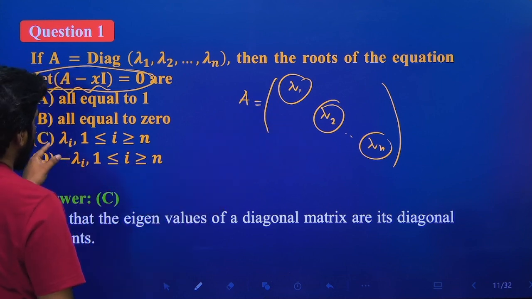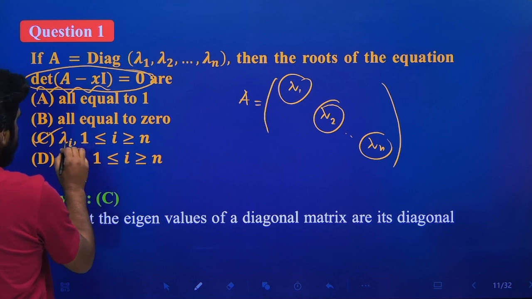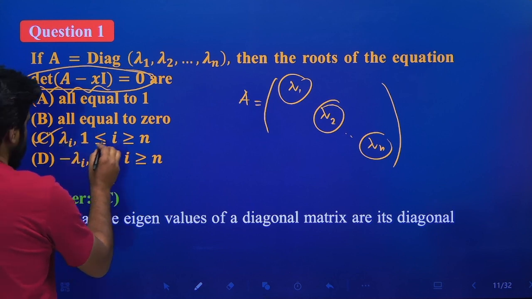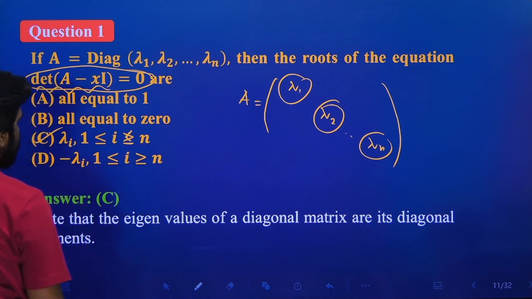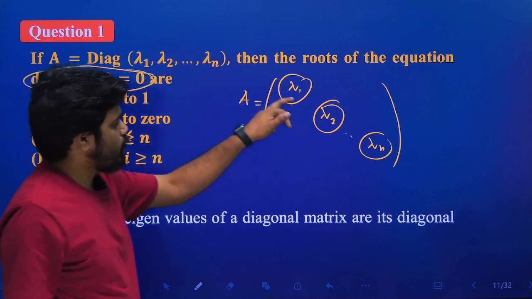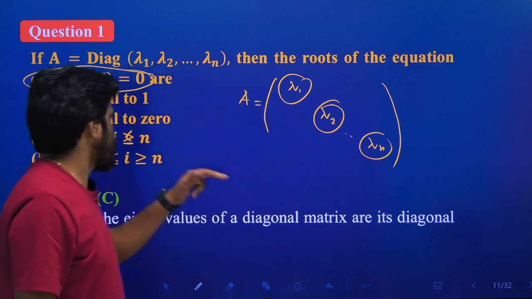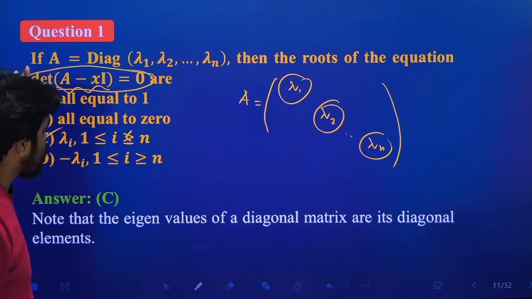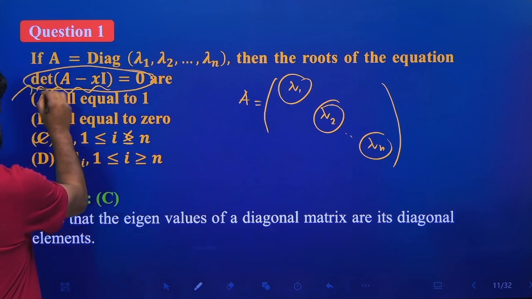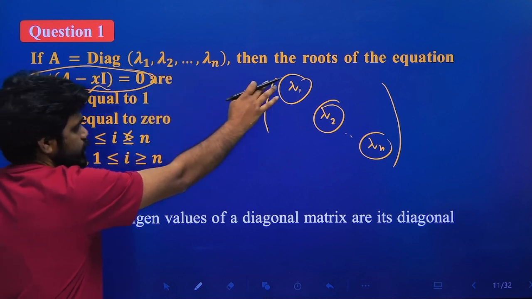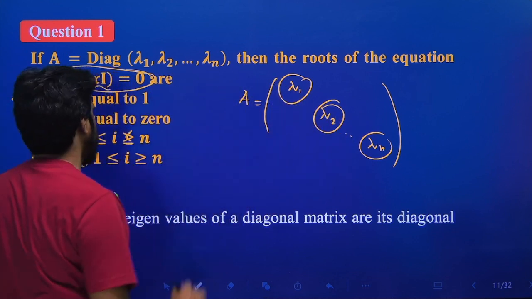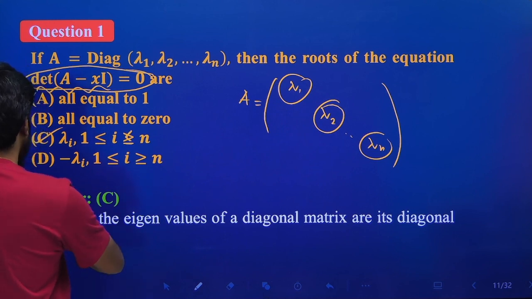lambda 1, lambda 2, ..., that is lambda i, where 1 is less than or equal to i is less than or equal to n. Okay, lambda i, look, lambda 1, lambda 2, lambda 3, ..., lambda n. So what are the eigenvalues? That is, what are the roots of this equation? This is the characteristic equation. So what roots will you get? Just the diagonal elements, that is lambda 1, lambda 2, lambda n. So option C is the correct answer.